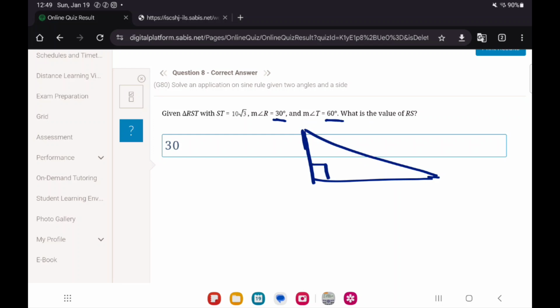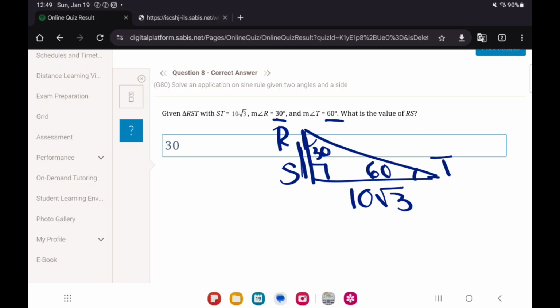So R, S, T. They're telling you R is 30 degrees and T is 60 degrees, and ST is 10 radical 3. They want you to find RS.